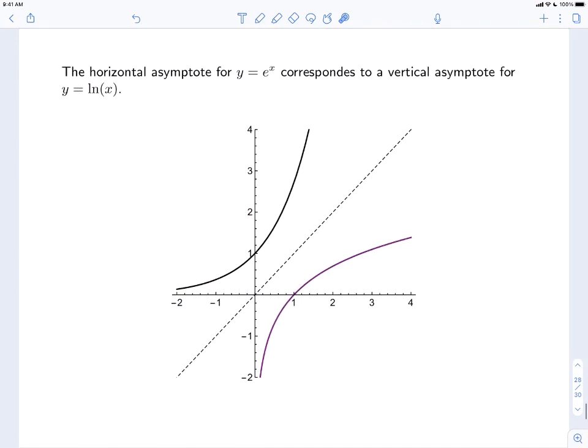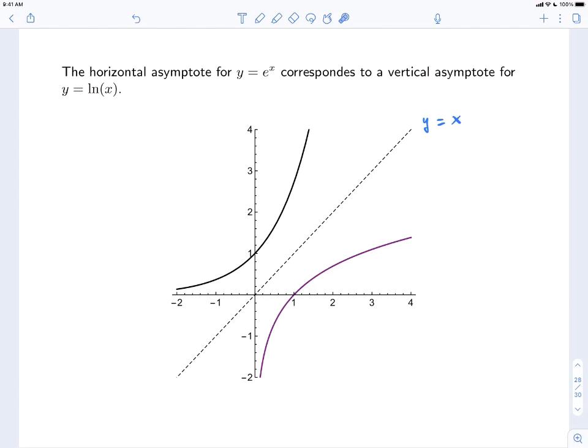The horizontal asymptote for y equals e to the x corresponds to a vertical asymptote for y equals the natural logarithm of x. Again, that's because you obtain the inverse ln of x by reflecting the exponential function through the line y equals x. This is the line y equals x here. e to the x has a horizontal asymptote, which is the x-axis.